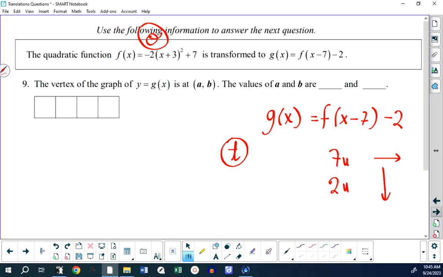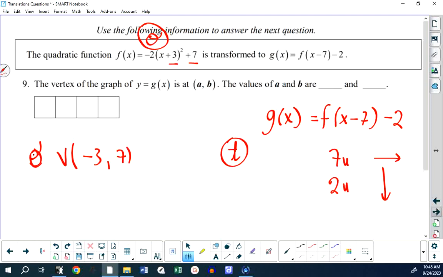Now what are we asked? We're asked for the location of the vertex of g of x. Well, the original function has a vertex at negative 3, 7. That goes back almost to Math 20-1, where we talked about functions that are quadratic.